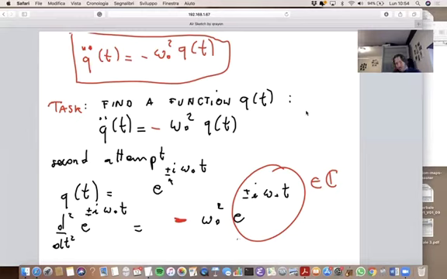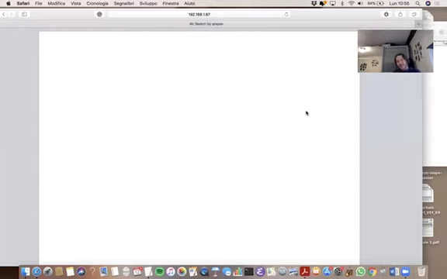However, from your course in basic complex number theory, you know that there are specific combinations of e to the ix and e to the negative ix that are always real valued, and they are sine and cosine. So here are two functions, cosine of omega t. Well, this is, as you know, sine of omega t.